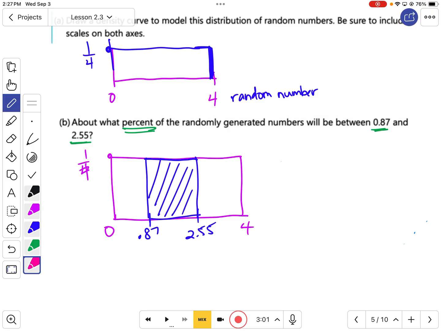What do we do? Well, we're always going to multiply by that 1/4 because that's my height. So I know I'm going to multiply by that 1/4. But how do I get this distance on the bottom that's between those two numbers? Any ideas? How might I figure out how long that little piece of the rectangle is?